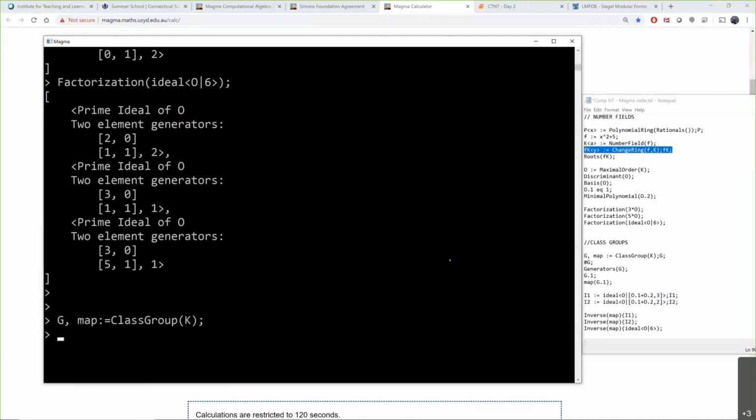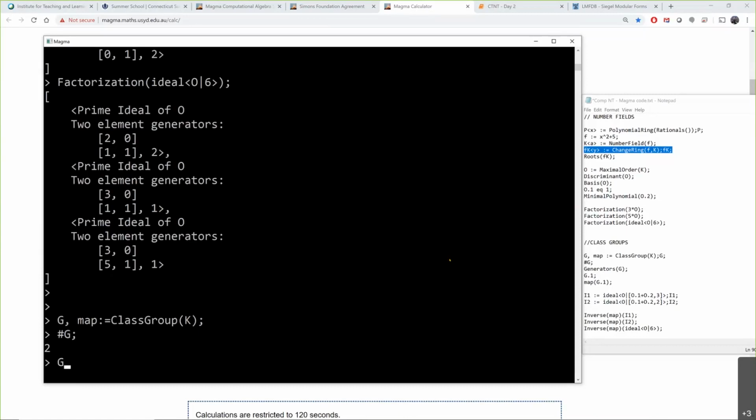So here I can calculate that we are 2 away. So it is not a PID. There is one class of ideals, of prime ideals, that are not principal. Okay, so let's try to find some ideals that are not principal.